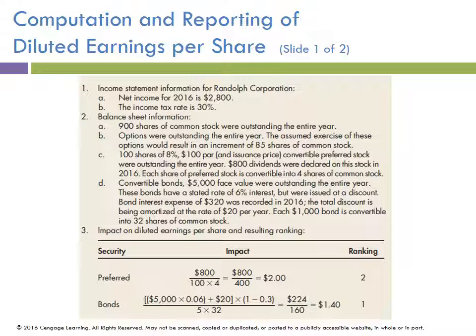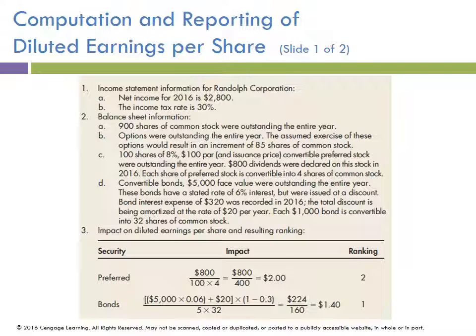The next item, they also have convertible bonds. The convertible bonds have a $5,000 face, outstanding the entire year. They have a 6% interest rate and were issued at a discount. Bond interest expense is $320 for the year.